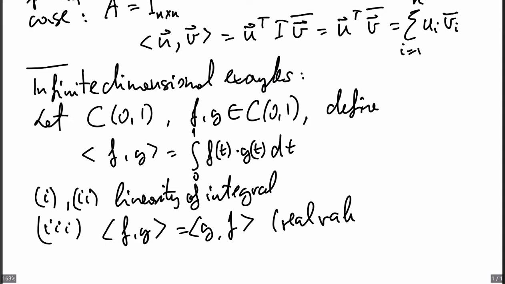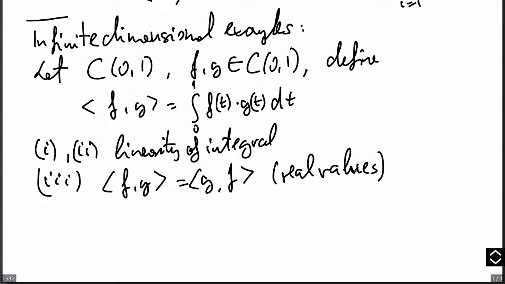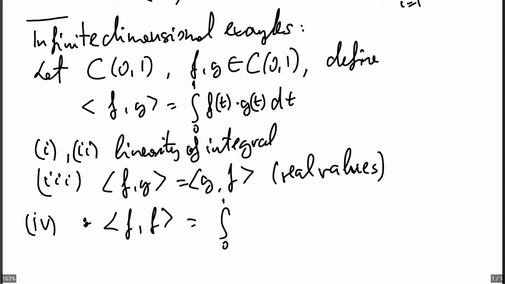So the complex conjugate doesn't do anything for these numbers. And the fourth one says that when you take the inner product of a function by itself, you get the integral of the function multiplied by itself. You are integrating the square.